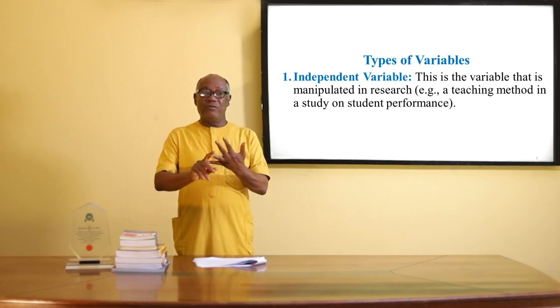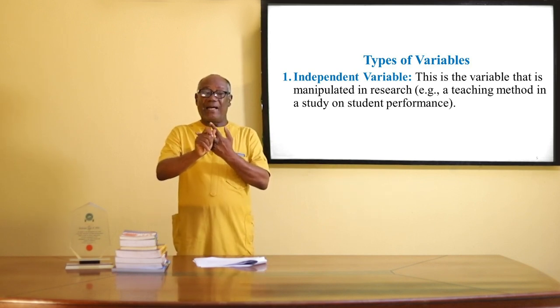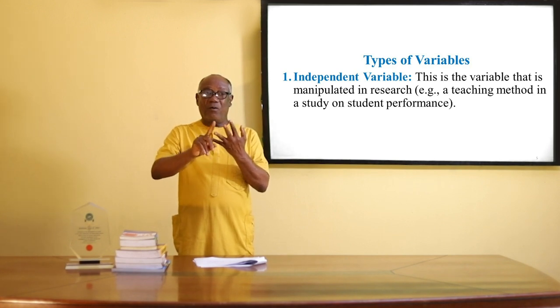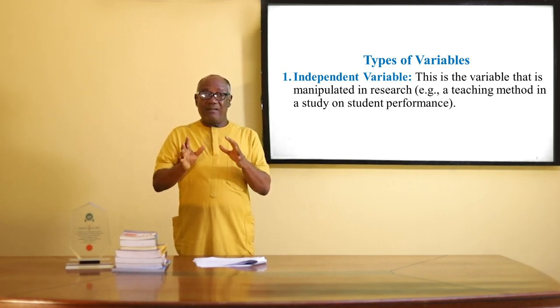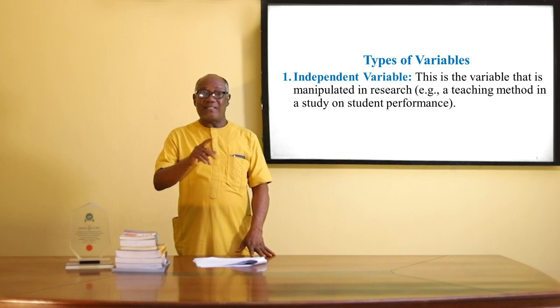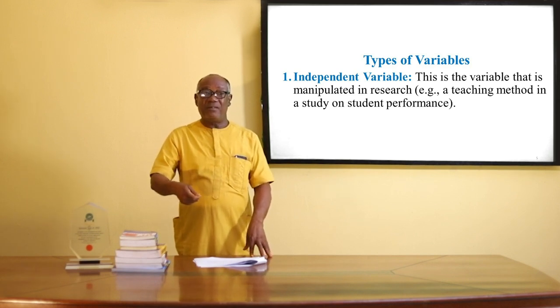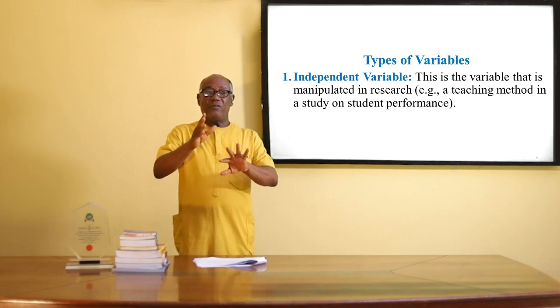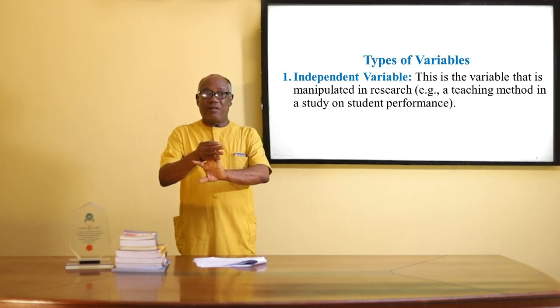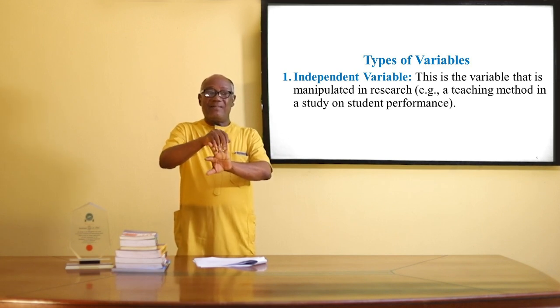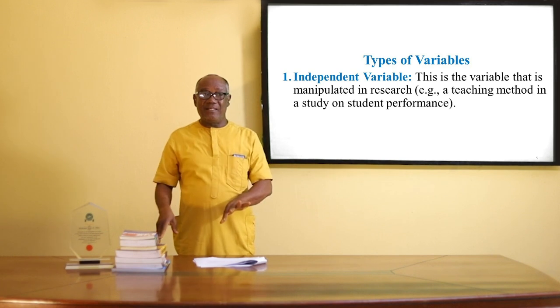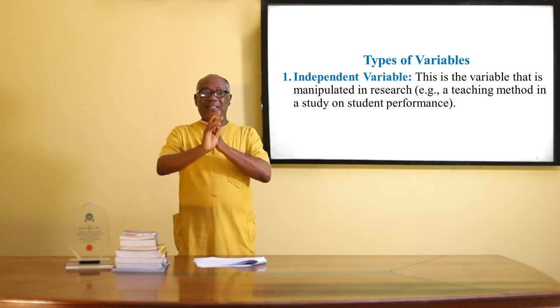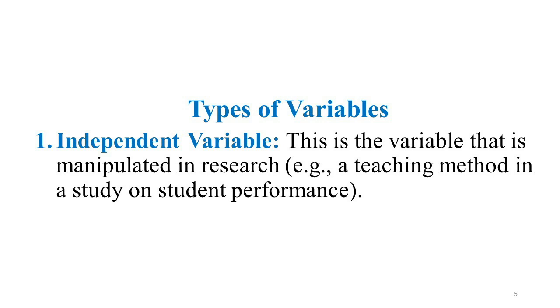Now, when we treat an object in one or two of these methods of teaching, we are said to be manipulating the variable types of teaching. For those in biology, when you use two or more types of soil to plant the same kind of seedling, you are said to be manipulating the variable soil types.